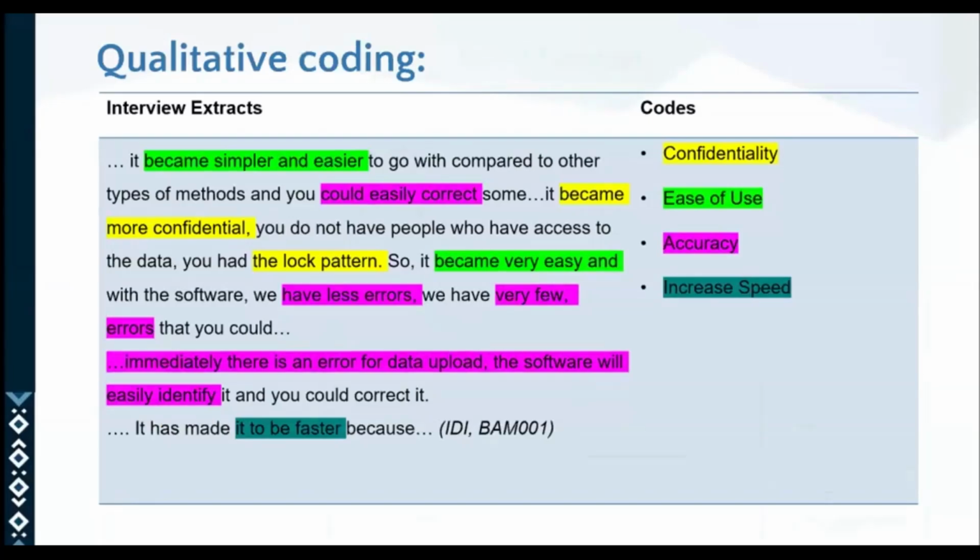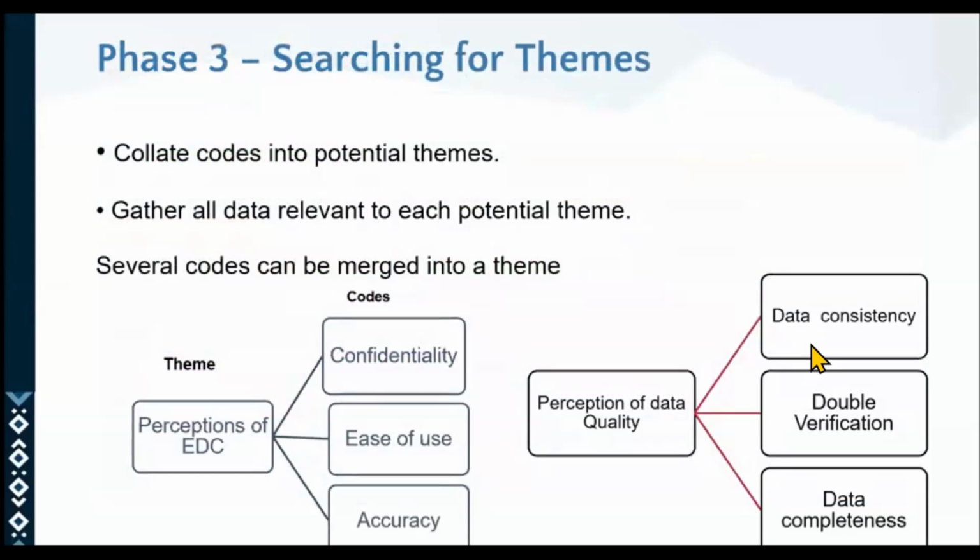And for the third phase, we have searching for themes. As we earlier mentioned, a theme is a pattern that is captured in your data. In this case, we have derived our codes from the previous phase, and now we notice that some of these codes fit together, so you can easily put them together to form a theme.